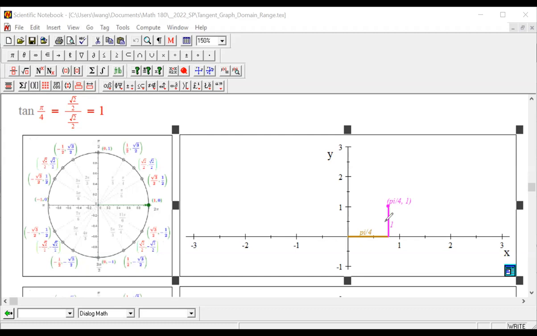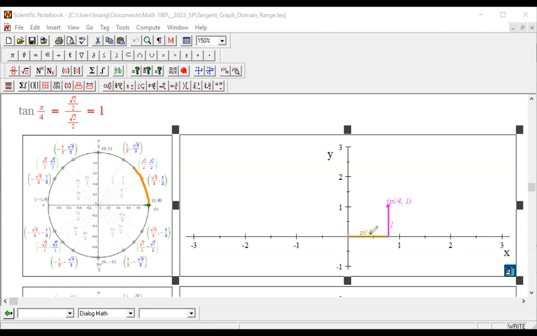So I use a purple color now, right? And pi over 4, once again, okay, is the arc length, measured arc length. So let me make it just a little bit thicker. You see, it's consistently the same theme. Arc length and the tangent ratio.